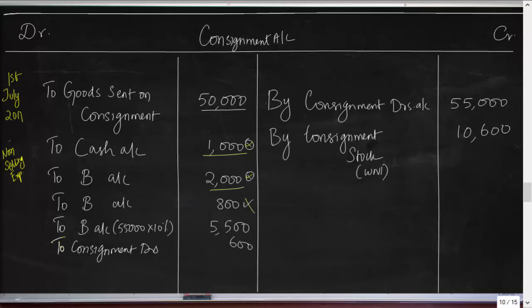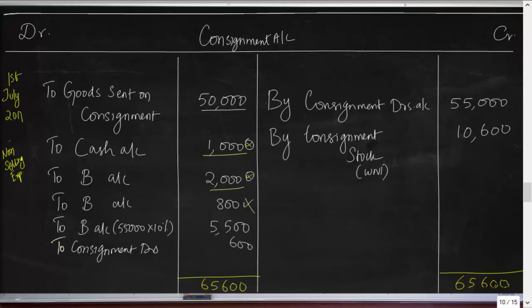Now let's do the totaling and try to find out what the profit is. It appears on the credit side we have the higher value. If I total the credit side, I should be getting something like 65,600. Let me write the total over here also, 65,600.